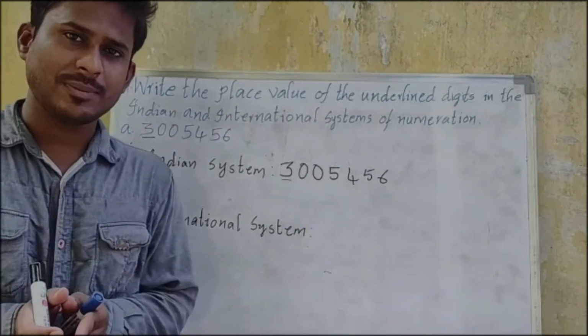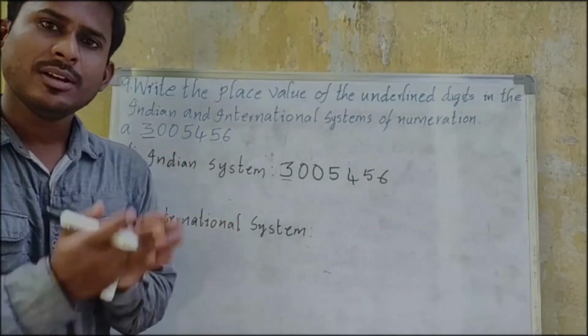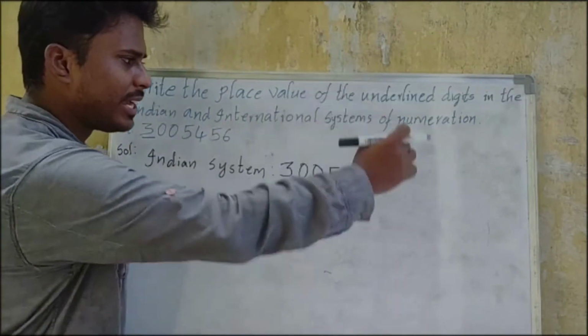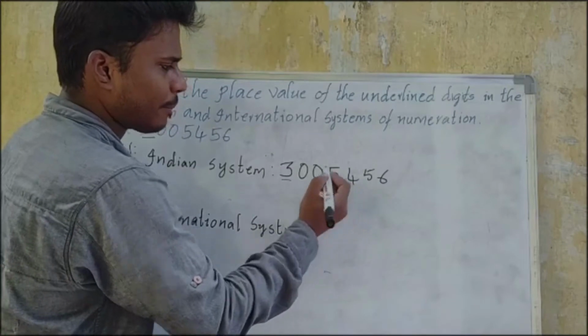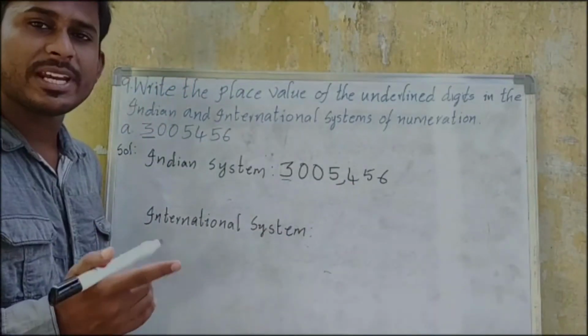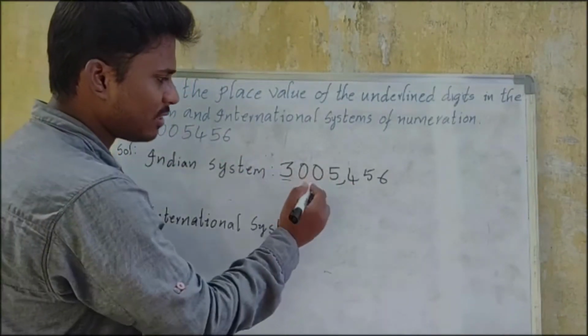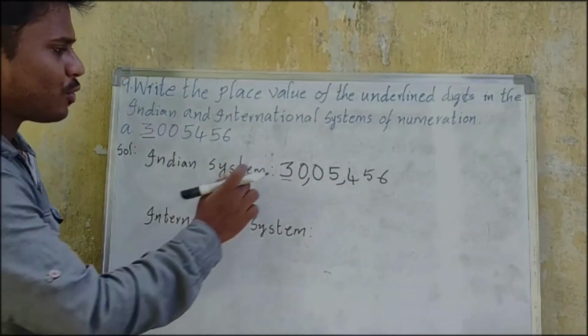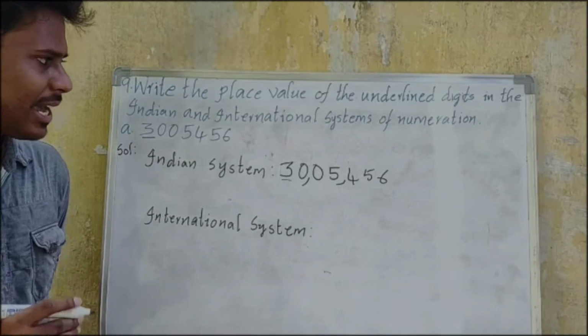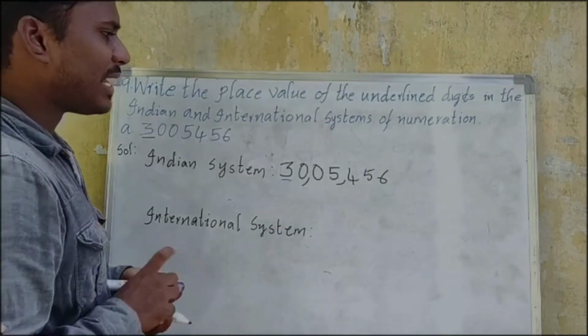According to the Indian system, let us insert commas according to the periods. First ones period in the Indian system, 3 places, 1, 2, 3, insert comma. Then we have thousands period, 2 places, thousands, 10,000s, and then we have lakhs period, lakhs, 10 lakhs. So what is this place? 10 lakhs is the place. So I'll write here for clear understanding.